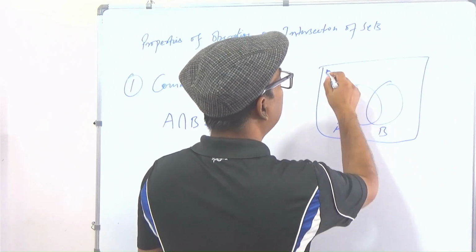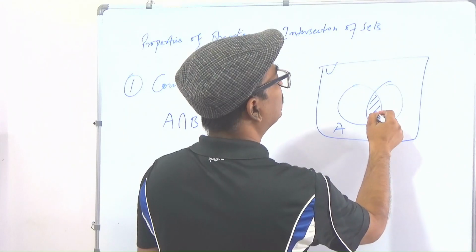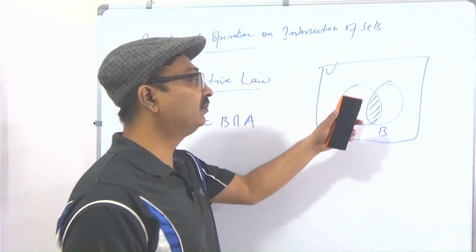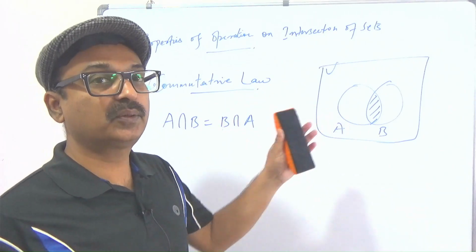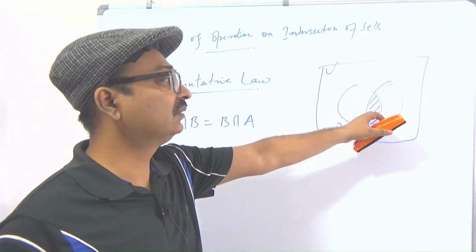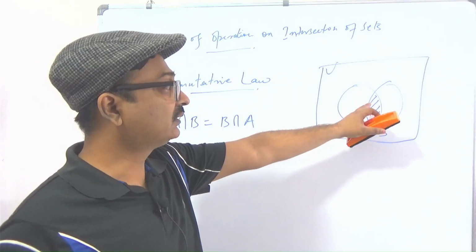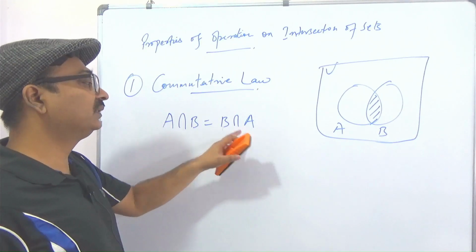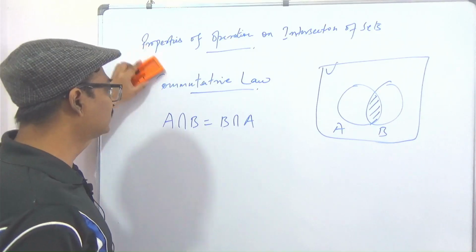A, B, U. This is A intersection B and this is B intersection A. So the common elements are either from A side or B side. Only few elements are common to both, which is represented here by the shaded region. So A intersection B is equal to B intersection A.